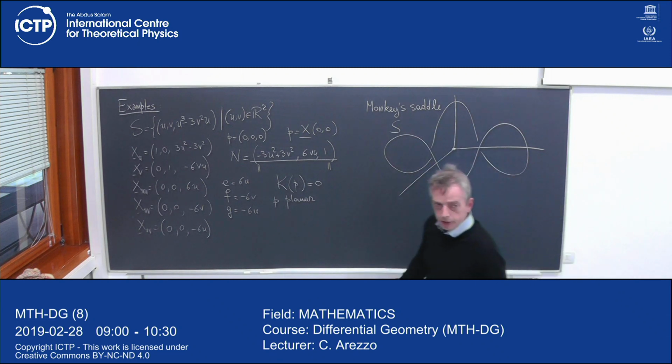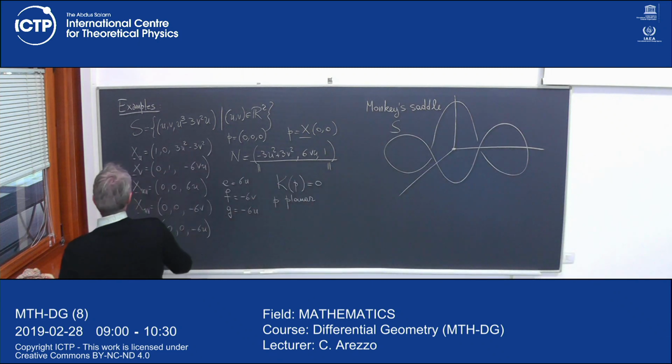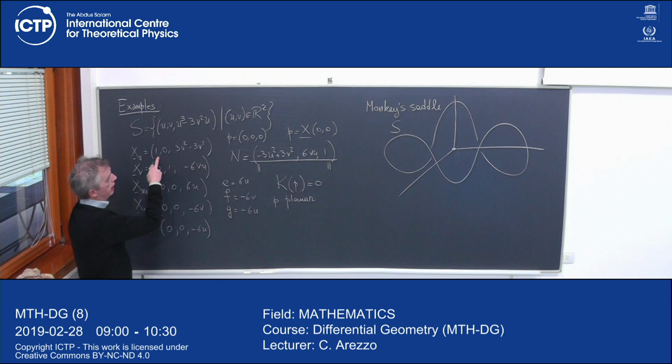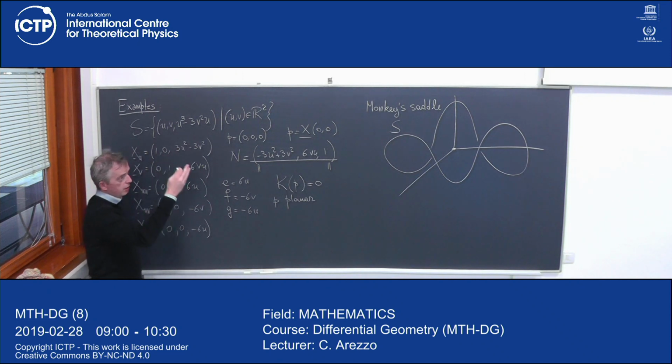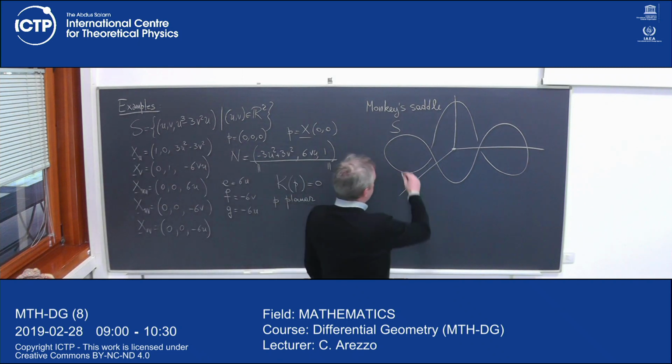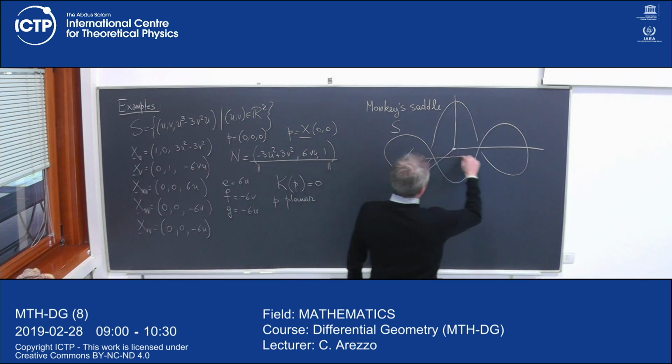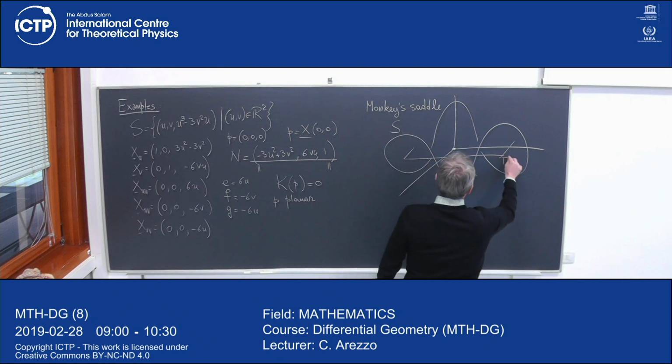What is the tangent space at the origin? It's the vector space generated by these two vectors. At this point, I need to put u and v equal to 0, so this disappears. What is left is the horizontal plane, the standard R2, so z equal to 0 inside R3. So the tangent plane at this point is exactly the horizontal plane.